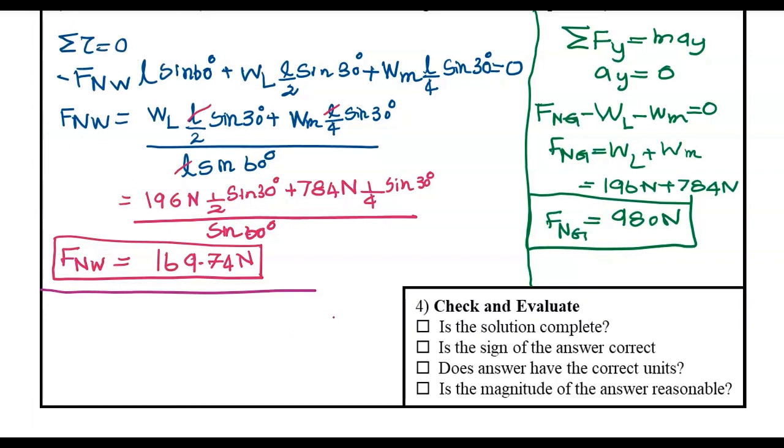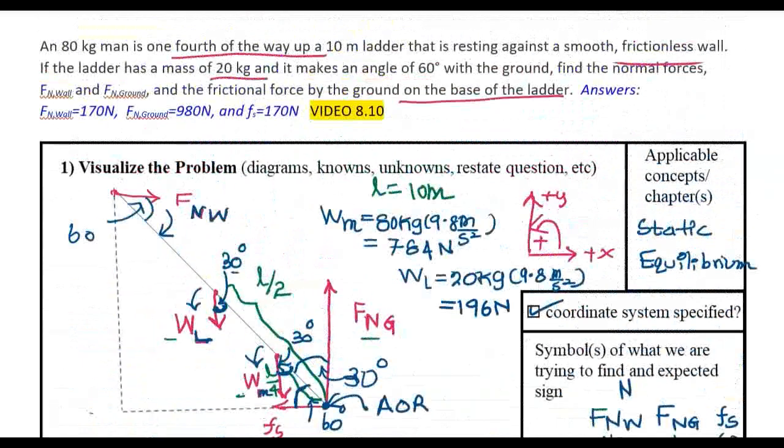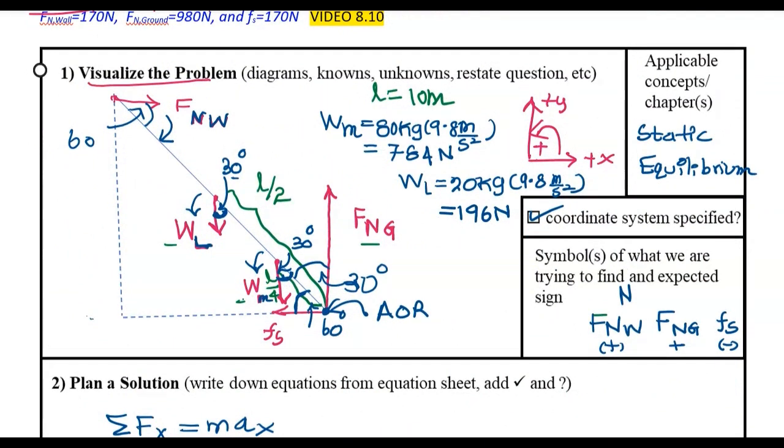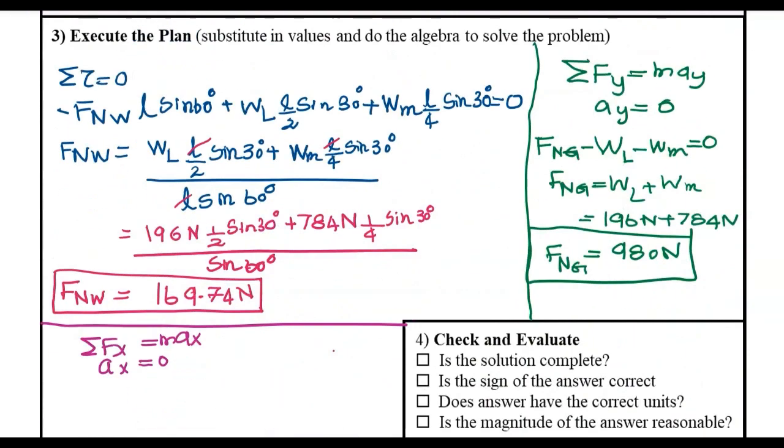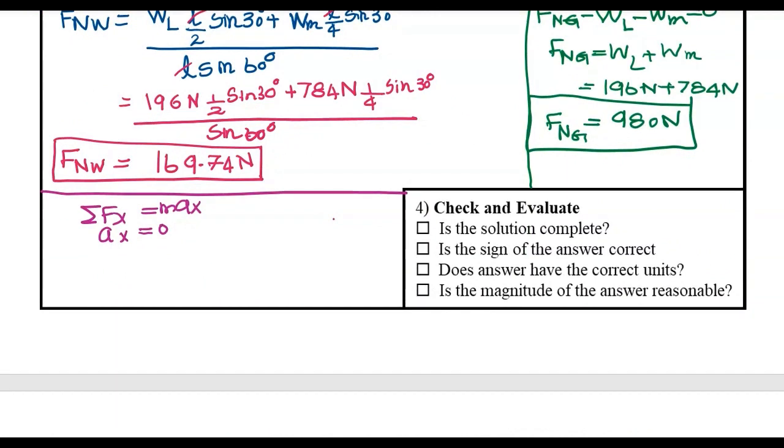One force is the static friction force, the other force is the normal force from the wall. And we know the acceleration in the x direction is 0. So I'm going to go back to the diagram and show you the 2 forces. I'm sure you have this on your paper by now. You have the normal force from the wall and then static friction force. Normal force from the wall is acting to the right, it's positive. Then static friction force is acting to the left, negative, equals 0.